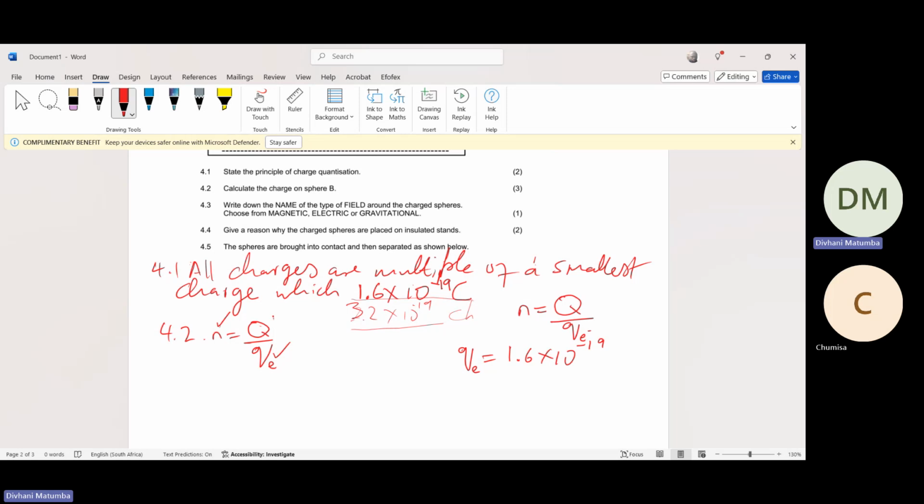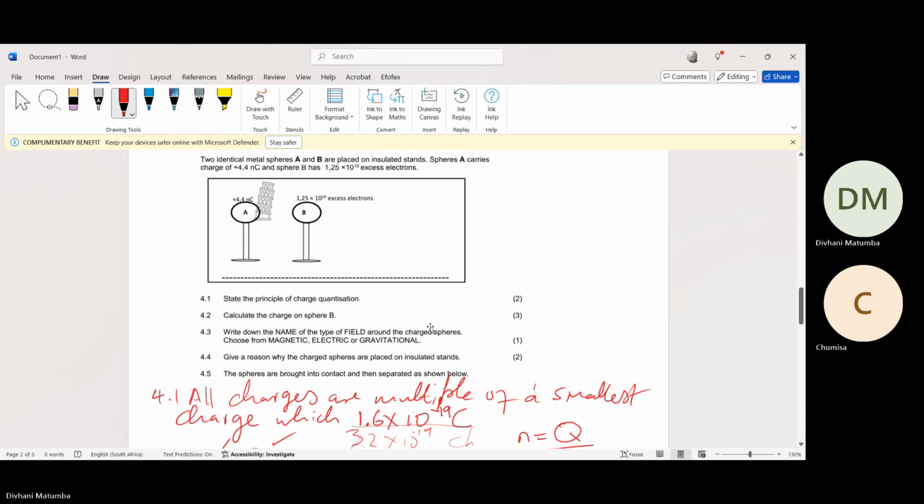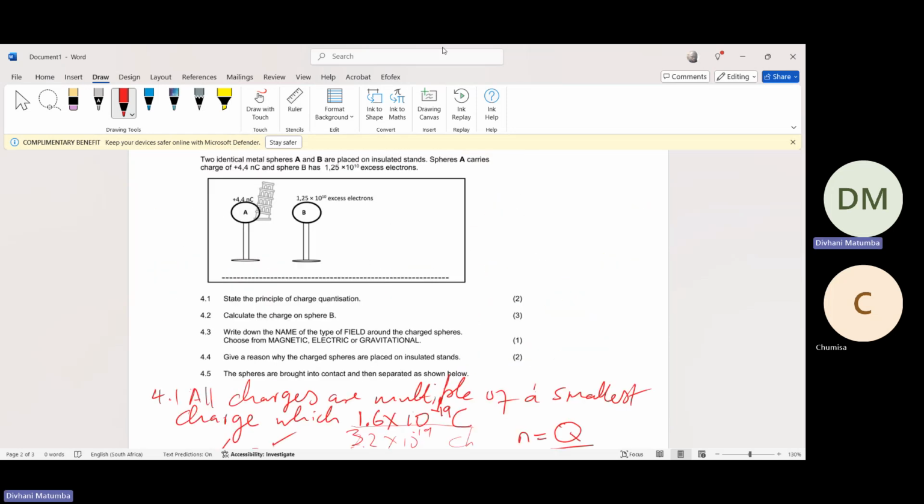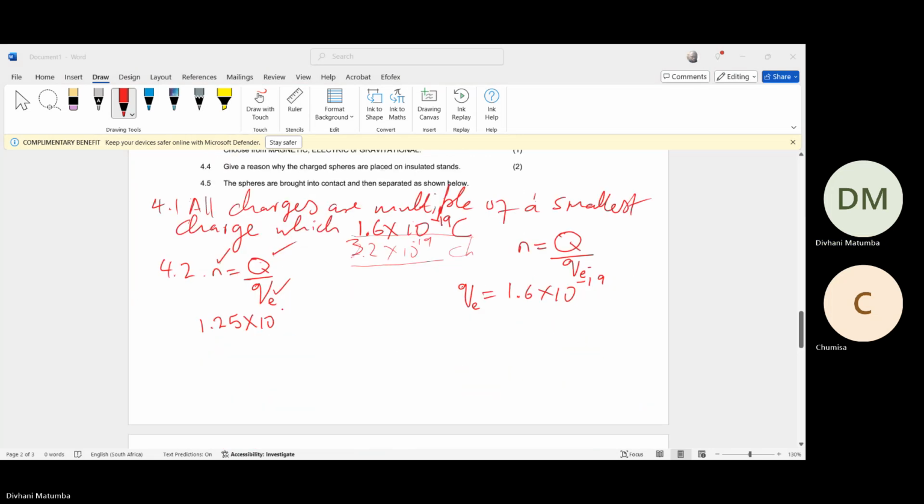Yes. So we only need Q. So do you agree that we have n, which is 1.25 times 10 to the power of 10. It all equals Q. This is the charge that we are looking for, then 1.6 times 10 to the power of minus 19. So how do we solve this equation?